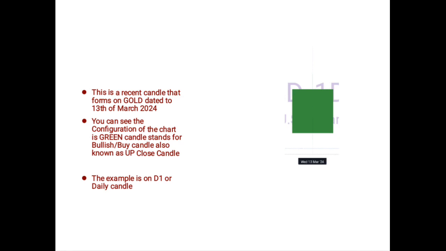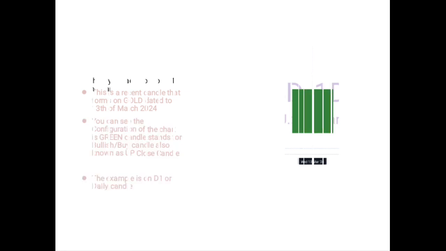Now, let's see how these candles behave, how they react, or their depiction on the lower time frame. Let's take a look at the lower time frame in a short period of time.